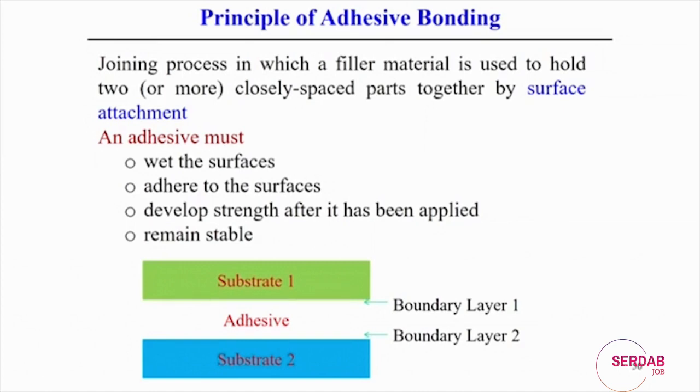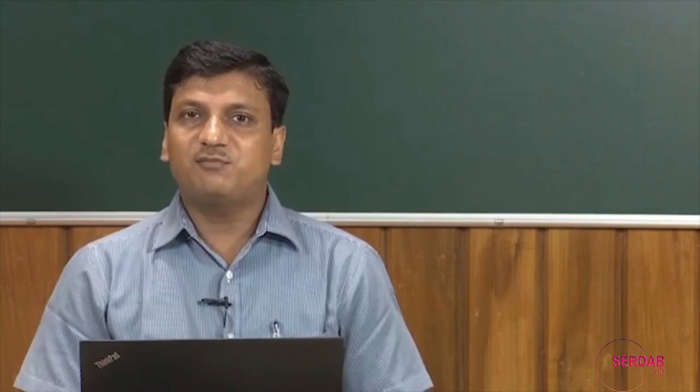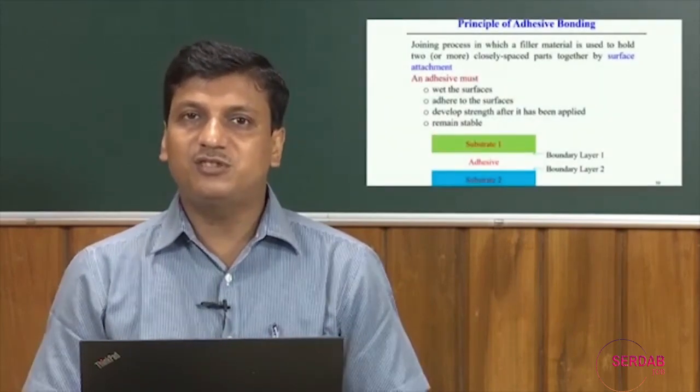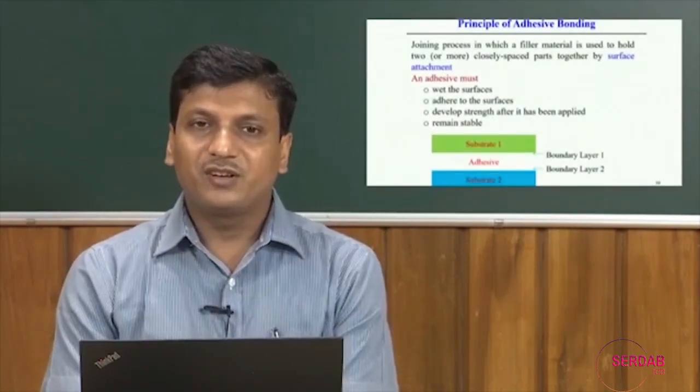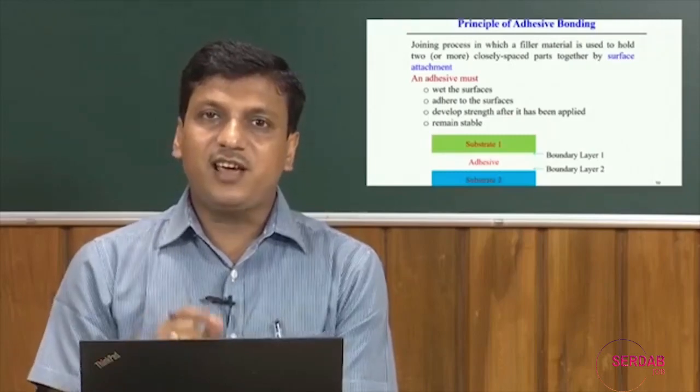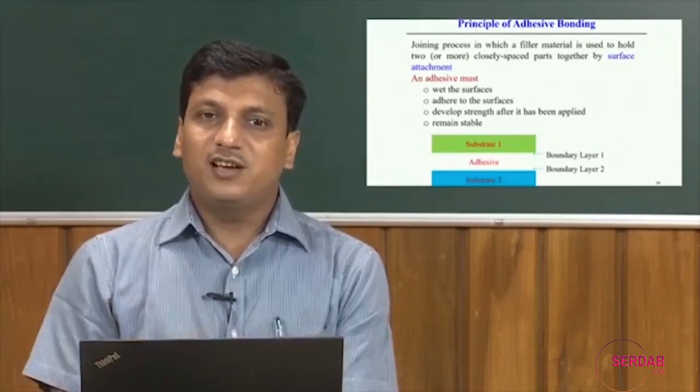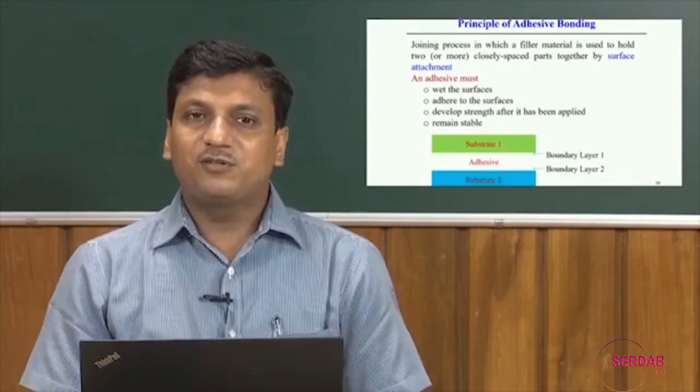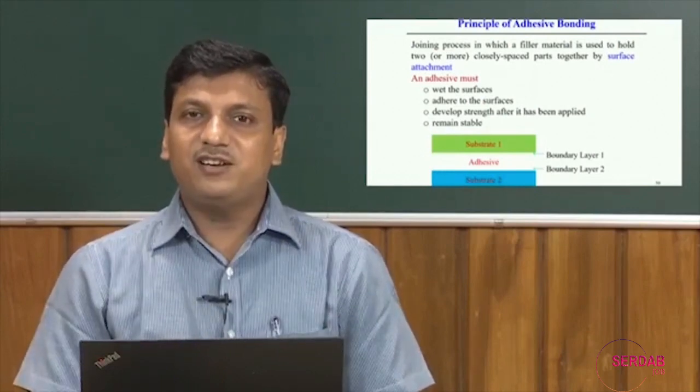Therefore, the adhesive you use should have some qualities such that it will wet both the surfaces which we are supposed to join, and it should adhere to the surfaces and develop strength after it has been applied.